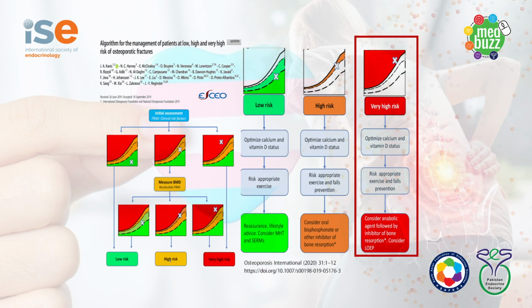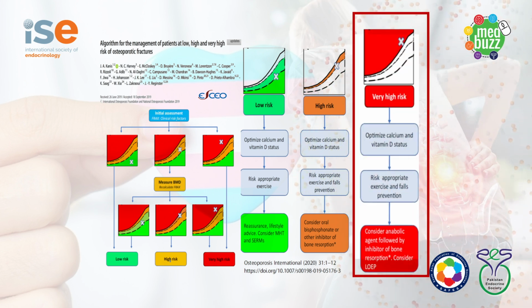The paradigm of the management of osteoporosis has dramatically changed a couple of years ago when SKO recommended that treatment should not be a one-size-fits-all approach, but should be based on the baseline fracture risk of the individual patient. And as you can see here, patients at very high risk or imminent risk for fracture should receive as background first-line therapy anabolic agents followed by anti-resorptive treatment.